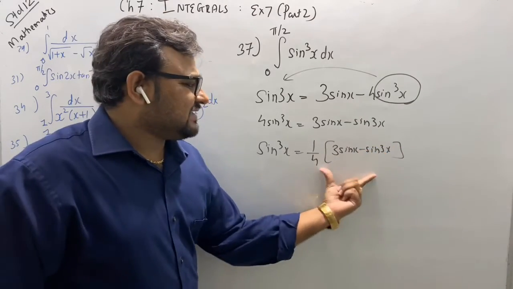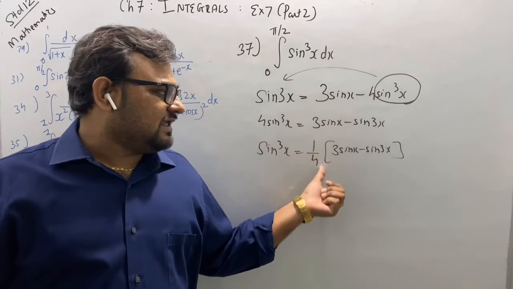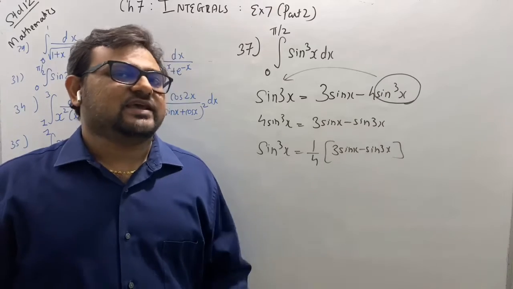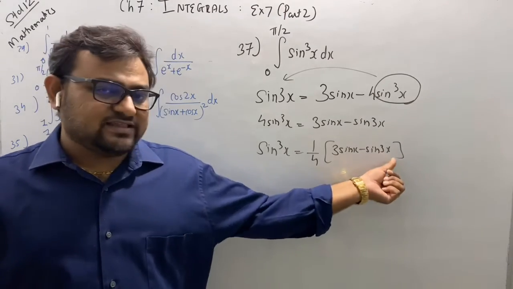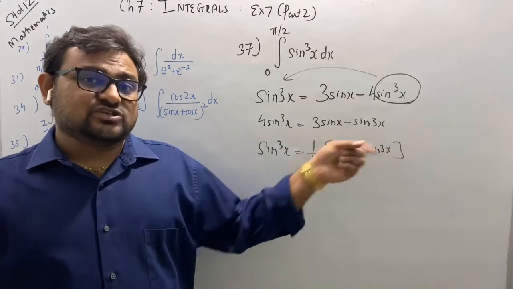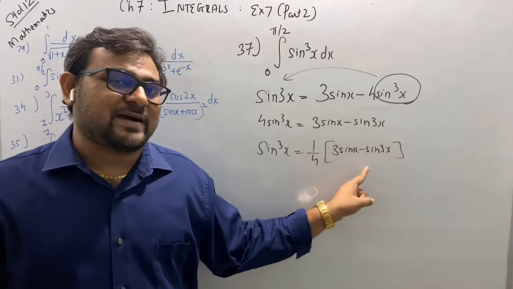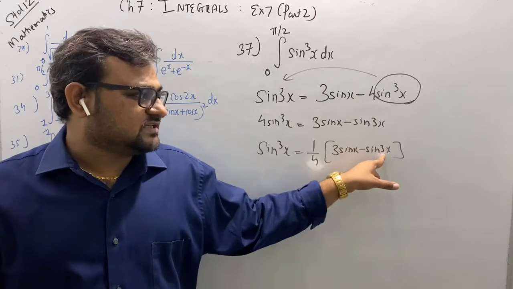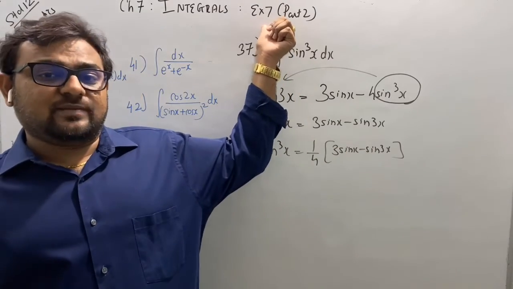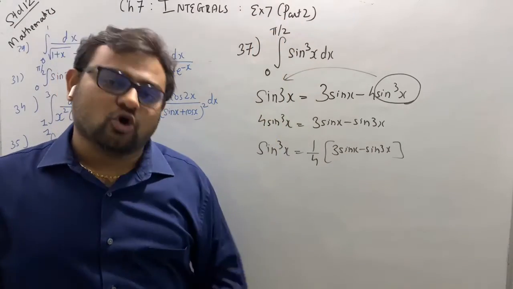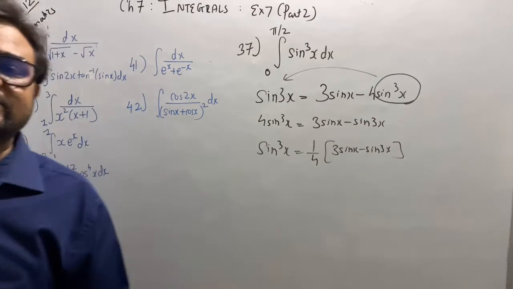Now it's very simple to integrate it, right? You can directly integrate it. Integration of 3 sin x will be minus 3 cos x, and minus sin 3x gives minus of minus, plus cos 3x divided by 3 because x is multiplied by 3. So the only thing remaining is to put the upper limit minus lower limit. Clear? So this was about question number 37.